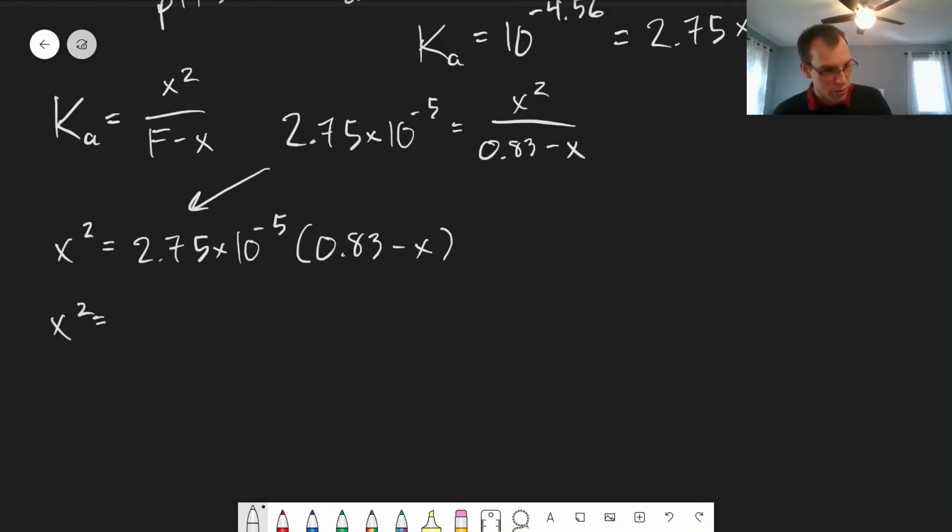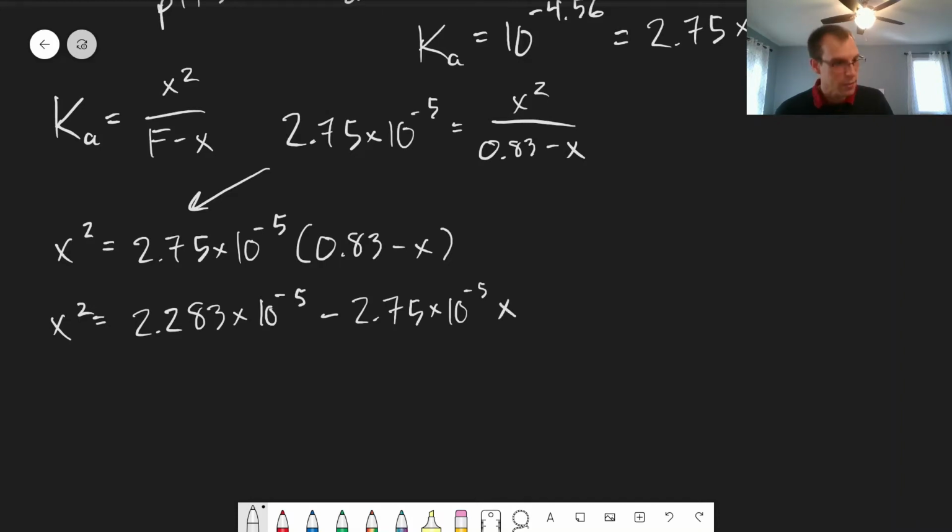x squared is equal to 2.283 times 10 to the minus 5, minus 2.75 times 10 to the minus 5 times x. And then we'll want to write this in the form that we can use the quadratic formula.